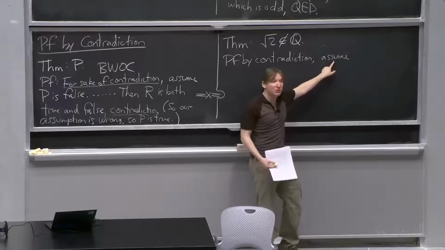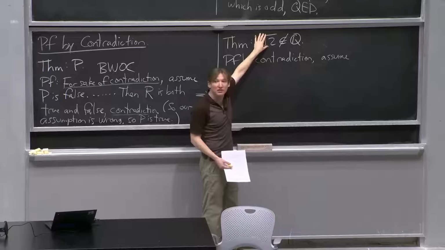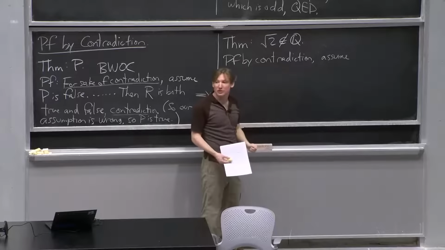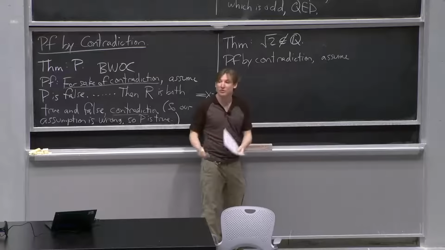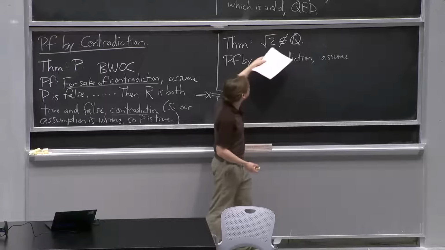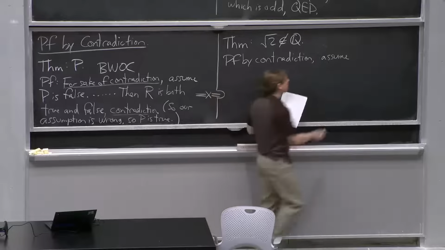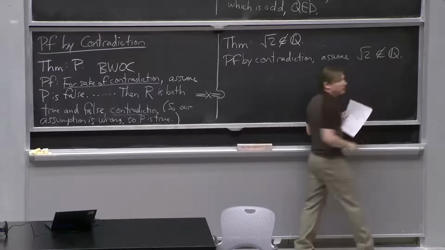The outline tells us what we have to assume, which is that the entire theorem is false. We should still say it, because we want you and the reader to agree that the correct procedure is being followed. So assume that this is false. In other words, assume that the square root of 2 is a rational number.